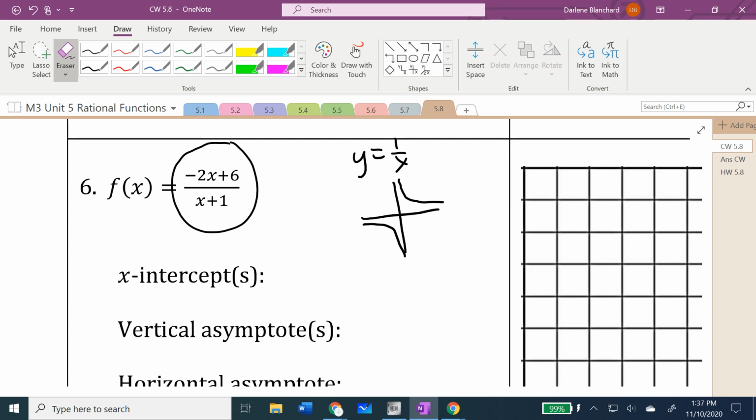A 1 over x graph will keep a symmetry like this one. You can see it is symmetric, where it's in quadrants 1 and 3. If I multiply that by a negative 1, then my graph will change to being in quadrants 2 and 4.